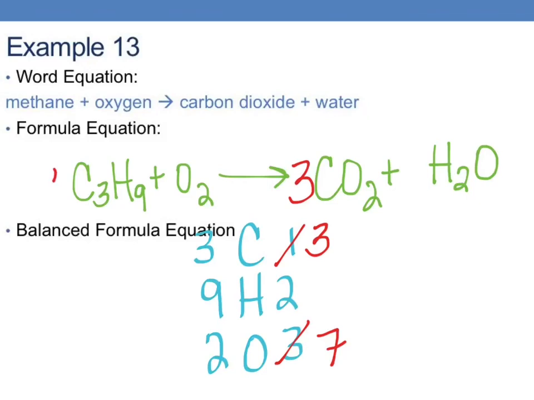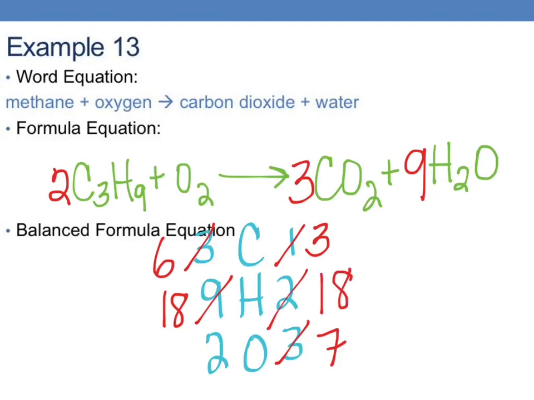So I'm going to multiply this by 2, which gives me my H's at 18. My C's become what? 6. I go over to H2O and I put 9. Now I have 18. But how many oxygens do I have? I have 6 plus this 9. 15.